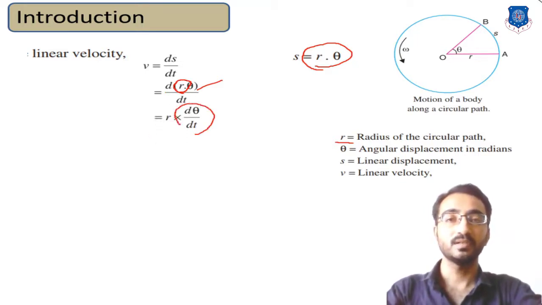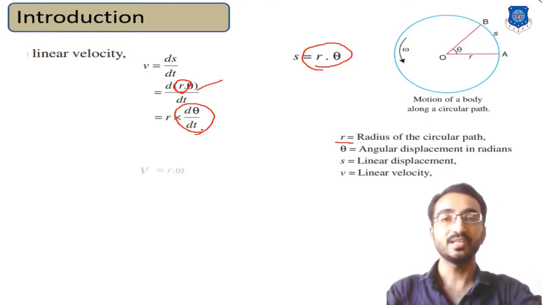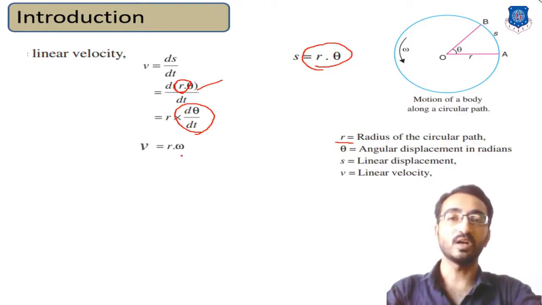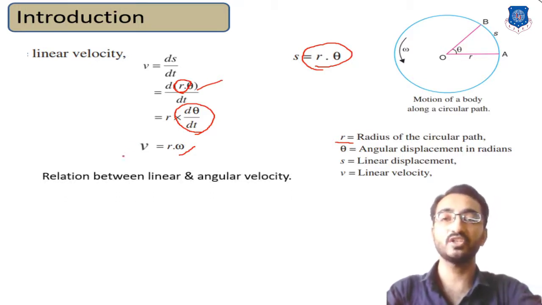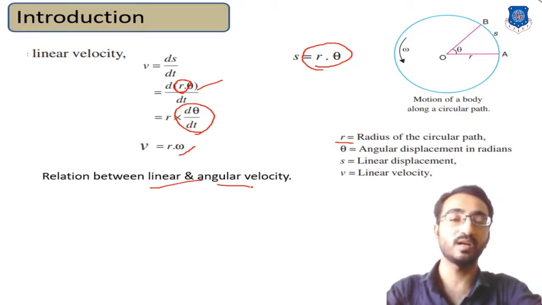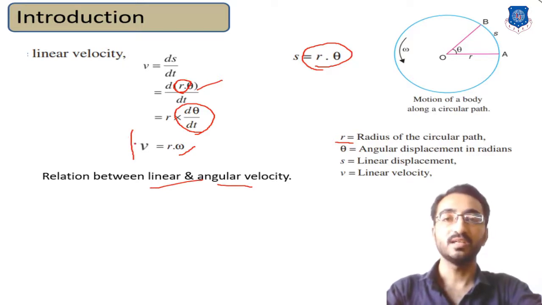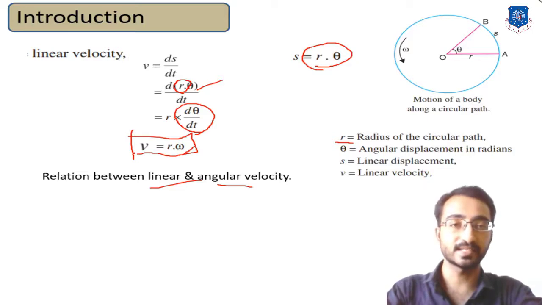The change in angular displacement with time is known as angular velocity omega. So v is equal to r into omega, and this is the basic relation between linear and angular velocity. This equation is a prerequisite for the calculation of velocity analysis.